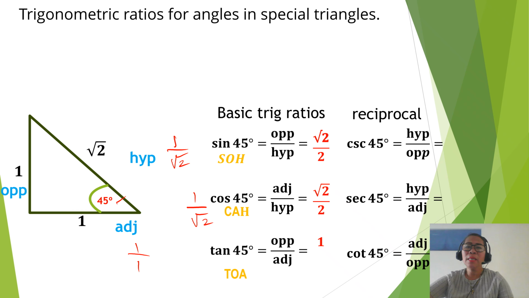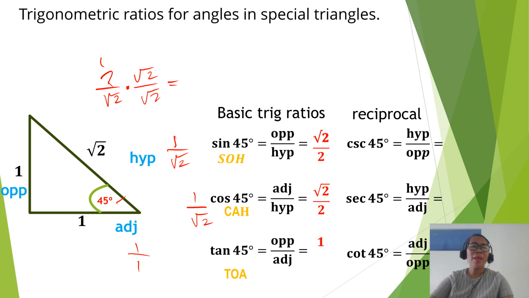So the cosecant of 45 is hypotenuse over opposite. Square root of 2 over 2, the reciprocal of that will be 2 over square root of 2. Again, simplify it. Square root of 2 over 2 is our multiplier. Why do we simplify it? Because it is not simplified if its denominator contains a radical. So the multiplier square root of 2 over square root of 2 is always equal to 1.